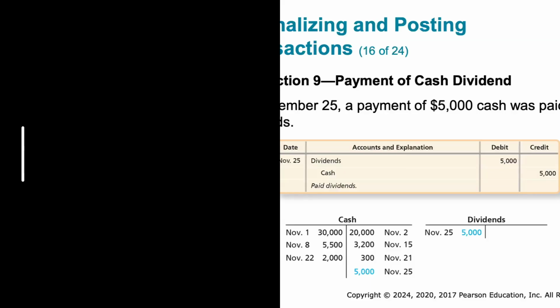And then you can always find out the other side of the transaction. Say we didn't know that dividends was a debit account and it increases. We do know that cash is going down because we paid $5,000 cash. So we know cash is going down through a credit. The other side of the transaction must be a debit. So always try to trace it back to cash, and you can always figure out what's happening in the transaction.